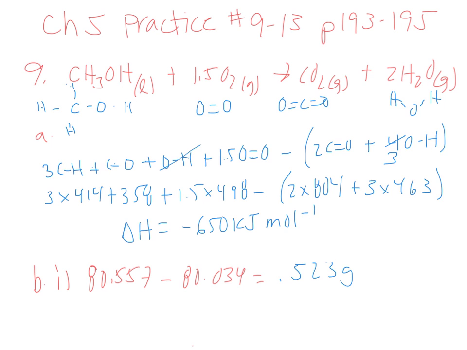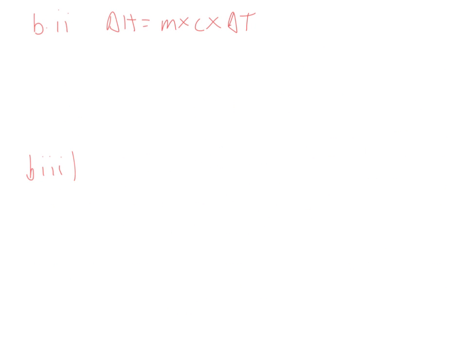But they actually want it in moles, so now I have to divide that by the molar mass, which is 32.05 grams per mole. And so my moles of methanol is 0.0163 moles of methanol.